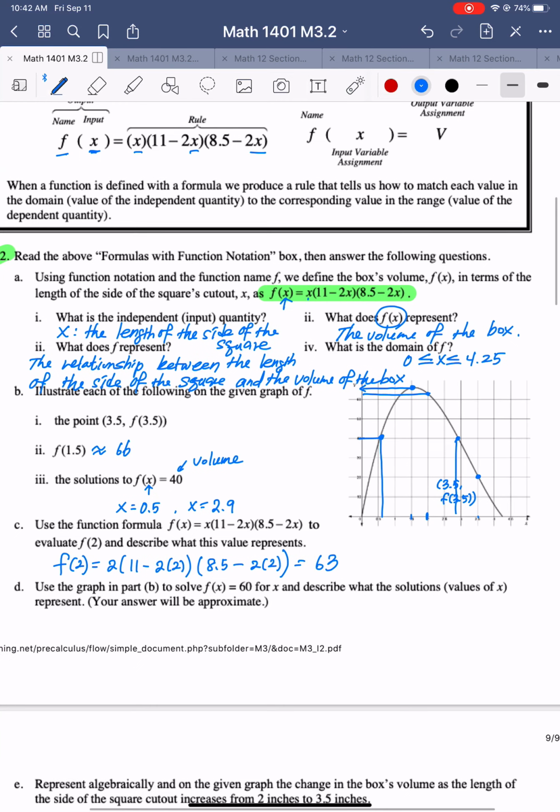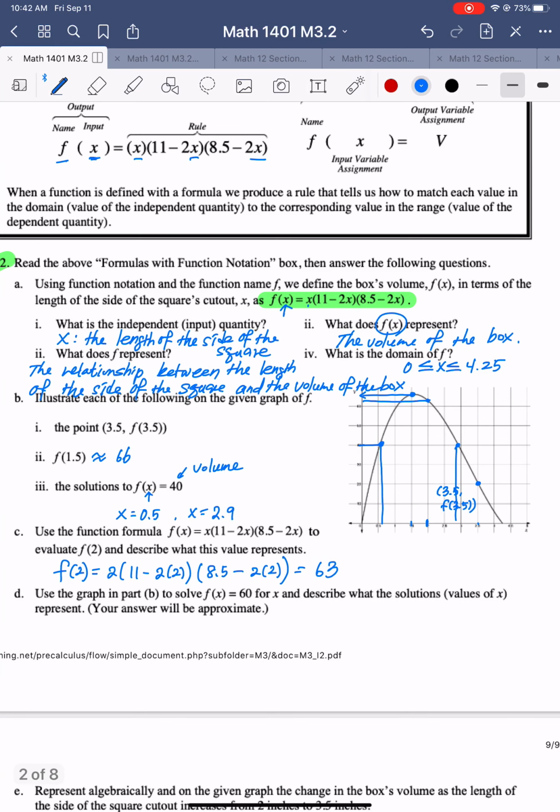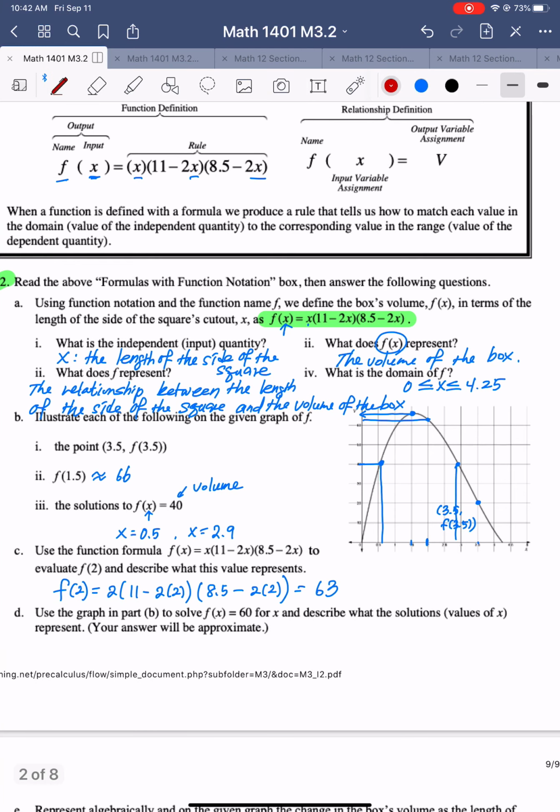All right, so use the graph of part B to solve f of x equals 60 for x. Describe what the value of x represents. Okay, so 60 is about here.